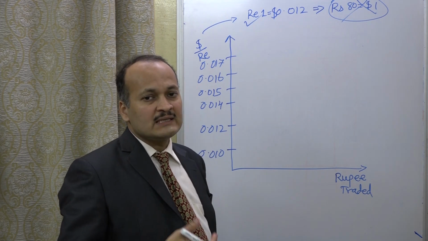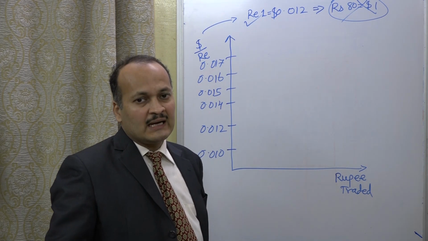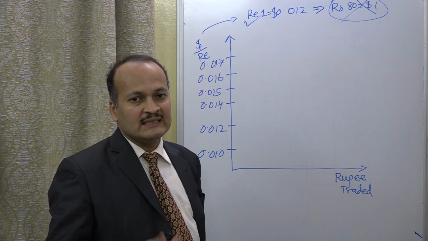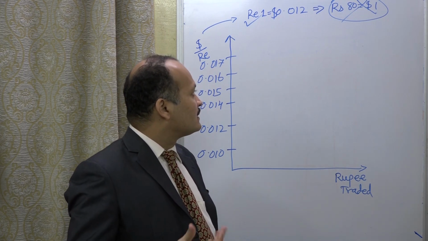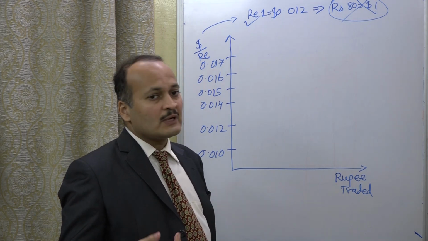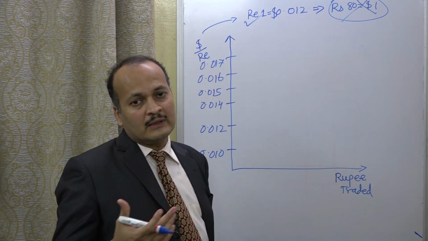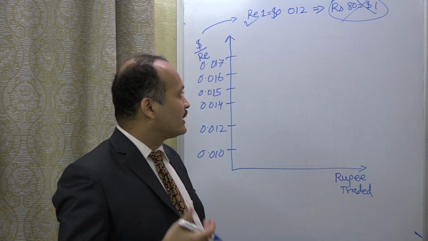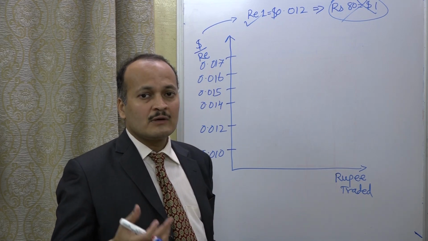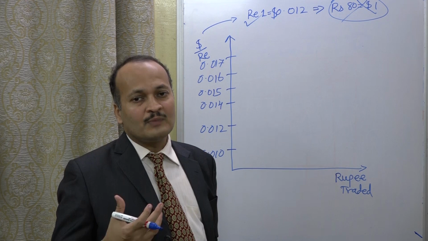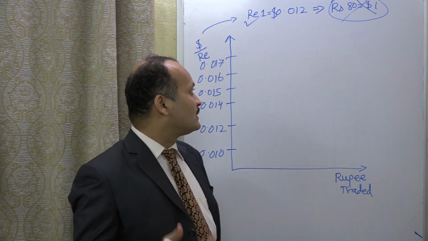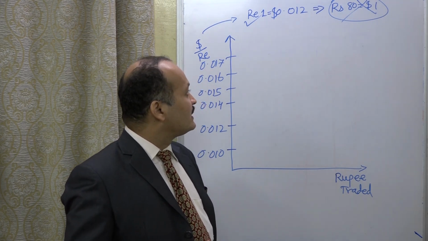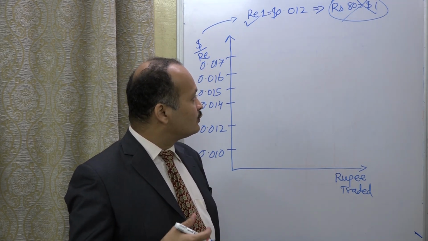Somebody who is interested to buy either Indian goods or Indian assets needs to pay in rupees. So a foreign investor or an importer who has dollars but wants to buy Indian goods or Indian assets would like to convert his dollars into rupees.